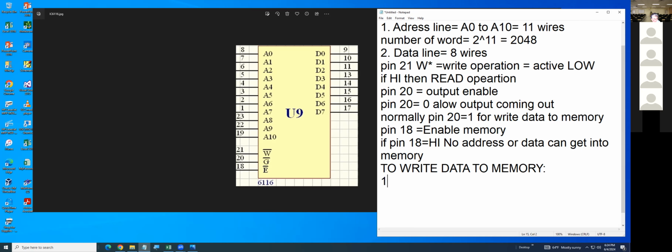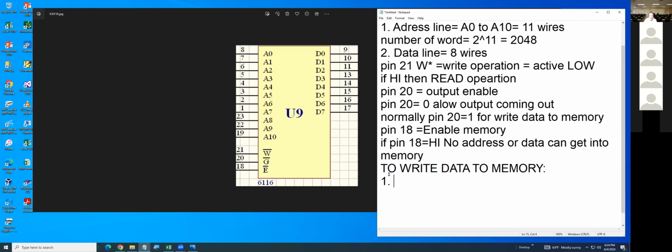First step, okay, see what we have to do. That means you want to apply the data to the data line.